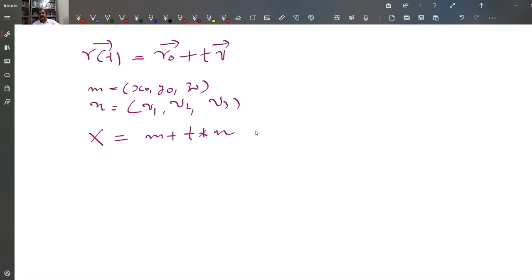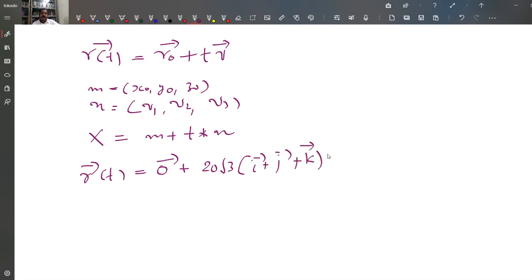Here, for example, r of t is equal to 0 plus 20 root 3 times (i + j + k) times t.